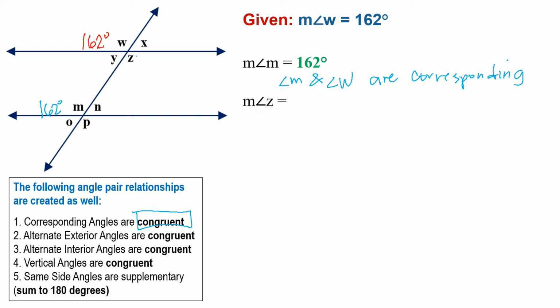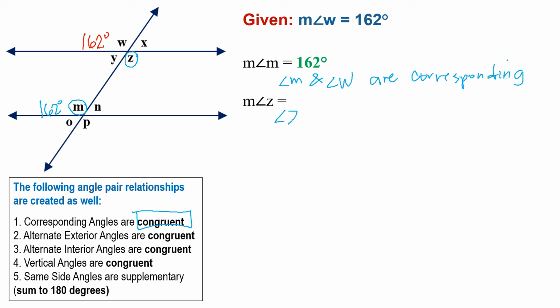Next, how about the measurement of angle Z? In the figure, angle Z is here. This angle Z, we may pair it with angle W or angle M. For example, we will be using angle M to find the value of angle Z. So look at these two angles. What is their relationship? Corresponding, alternate, vertical, same side? Okay, they are alternate interior.